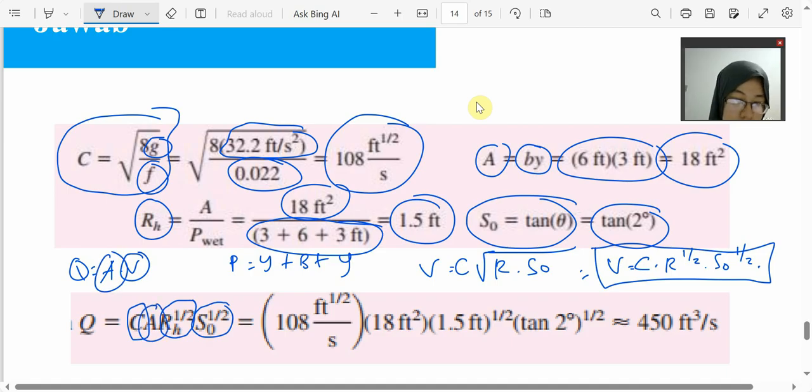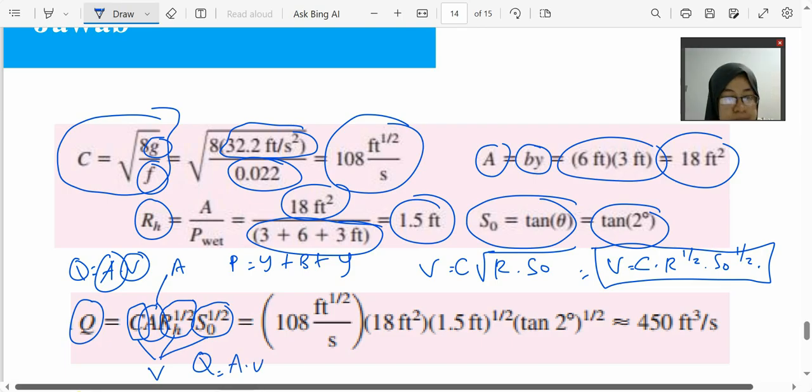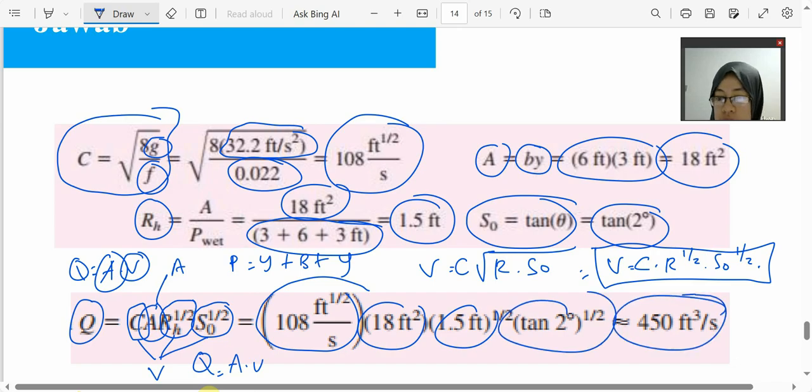So that's why A appears here, because we calculate the discharge. So this is V, velocity, and this is A. So Q is A times V. We input the numbers, and then we get 4,050 cubic feet per second for the discharge.